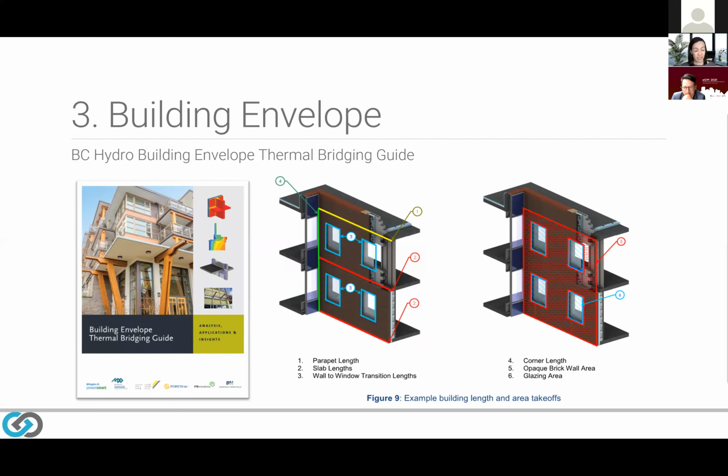Another notable change from previous modeling is the building envelope thermal bridging guide. So this was developed by BC Hydro and a number of partners. I've just shown a screenshot there of the cover sheet. And I won't go into details because I know modelers here will understand what thermal bridging is, but I think the biggest thing is it's a consistent way for everybody to account for thermal bridging losses.